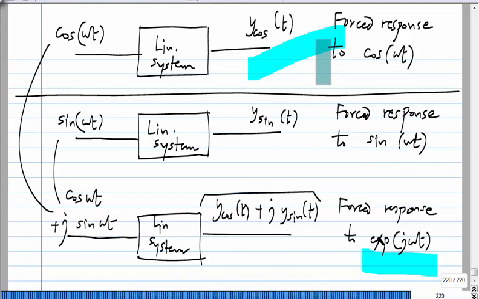Take the, will that always work? You are saying take the real part of this, okay. So that gives me y cos. So what's the condition for that to be true? Y cos and y sin have to be real, that's correct.